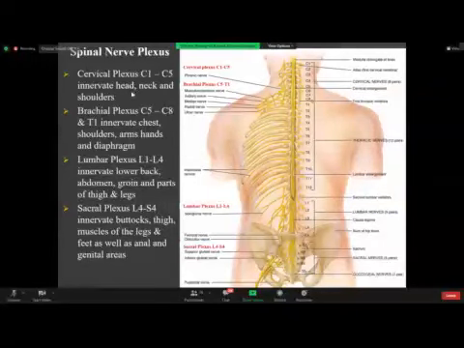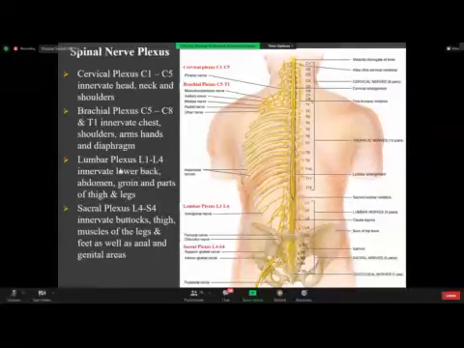So the cervical plexus basically innervates the head, neck, and the shoulders. The brachial plexus innervates the chest, shoulders, arms, hands, and most importantly, the diaphragm also.